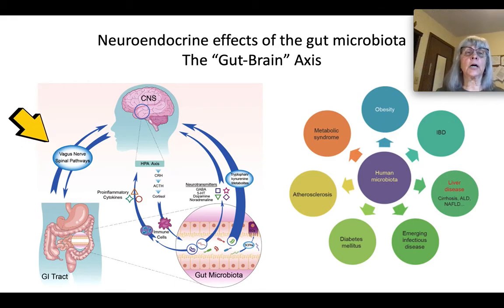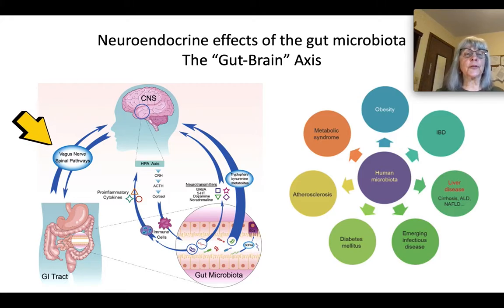So anyhow, what they have found is that there are some connections even with the microbiome in our gut. They can affect the nervous system and the endocrine system. Those microbes release certain chemicals which can travel through the vagus nerve and spinal pathways, and they can affect our mood and our behavior.